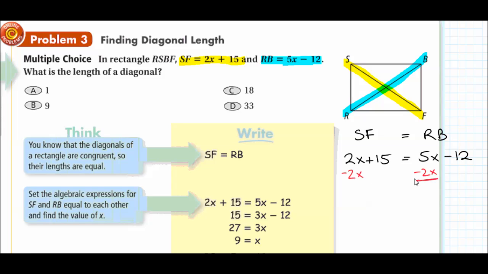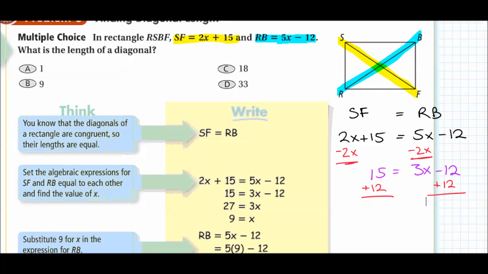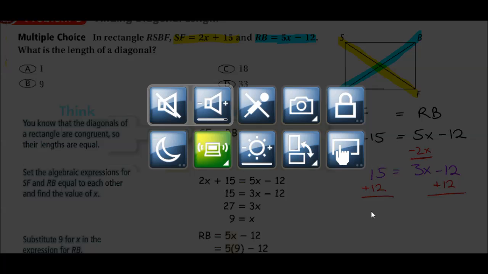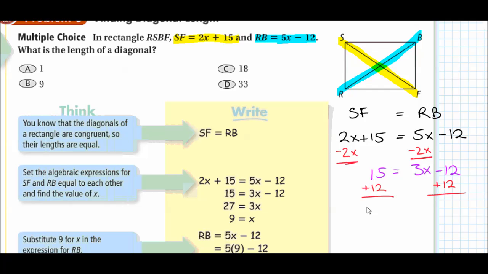So we're going to subtract 2x from each side, and we're going to get 15 equals 5x minus 2x is 3x minus 12. Well, we've got to get x by itself, so we're going to add 12 to each side. So we're going to get 27 equals 3x. Divide each side by 3, so x equals 9.